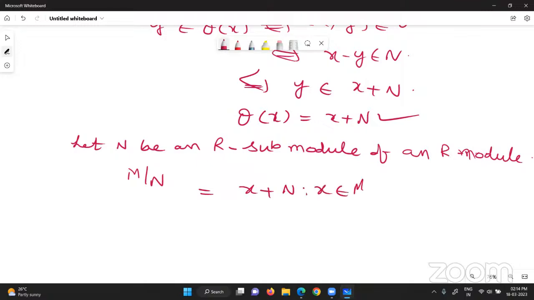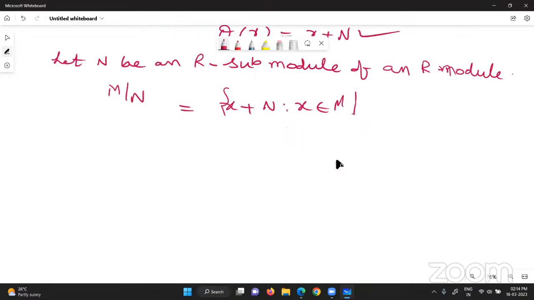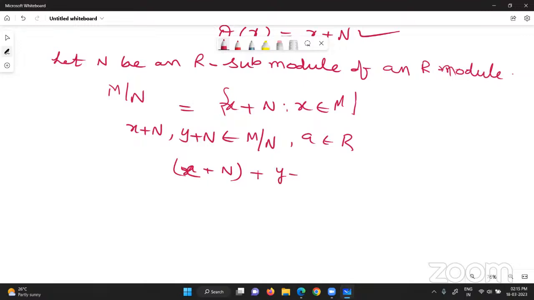x belongs to M. If you define, then you have for any x plus n, y plus n belongs to M by n and a belongs to R. We have how you define addition of two modules, x plus n plus y plus n.